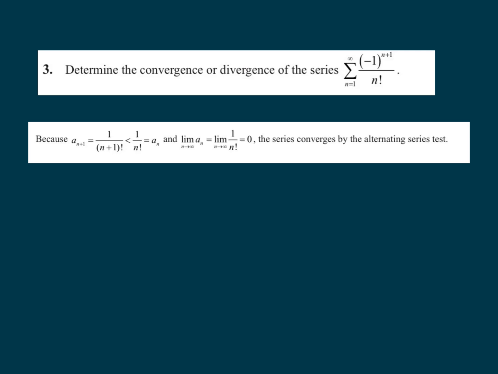This is the summation from n equal 1 to infinity of 1 divided by n factorial. So it will be 1 divided by 1 plus 1 divided by 2 factorial plus 1 divided by 3 factorial plus 1 divided by 4 factorial, etc.